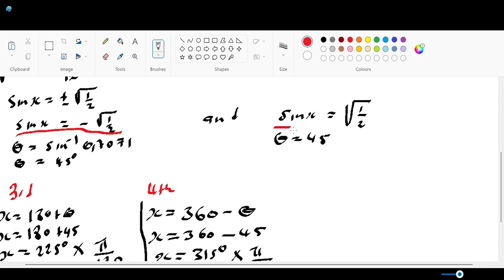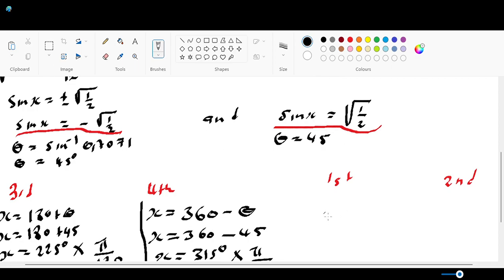Sine here is positive, meaning sine is going to be positive on the first quadrant and the second quadrant. Sorry, guys, first quadrant and second quadrant, that's where sine is positive. So let me just write it very quickly here.